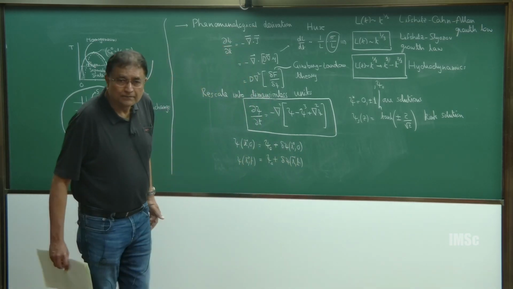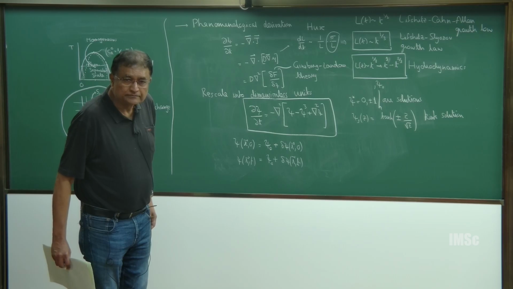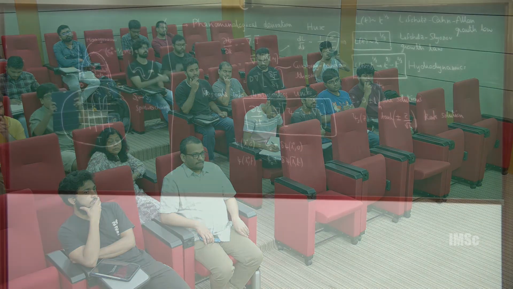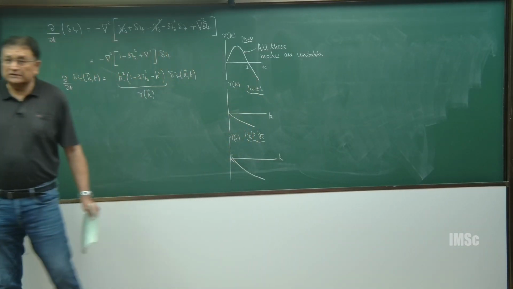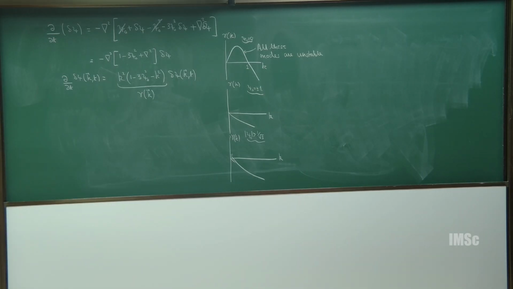At that point we saw that there is no phase separation happening. At which point? The last slide, not greater than 1 by... Yeah, so if the mod of the asymmetry is greater than 1 over square root 3, then linear fluctuations around the homogeneous state will not grow.